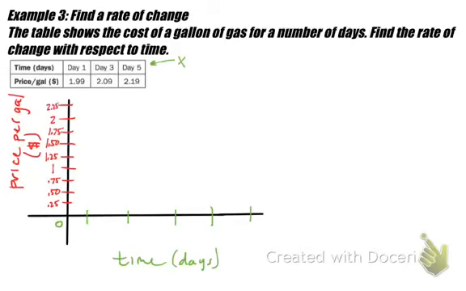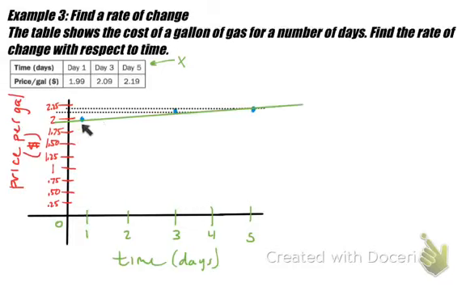Okay, so then just to get an idea, it's going to be very difficult to graph each specific point. If these are going to represent our x coordinates, then our y coordinates would be the price. On day 1 we have a price of $1.99 per gallon. On day 3 we have a price of $2.09 specifically. And then on day 5 we have the price of $2.19.